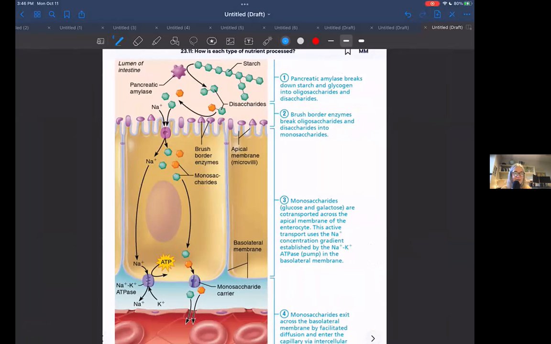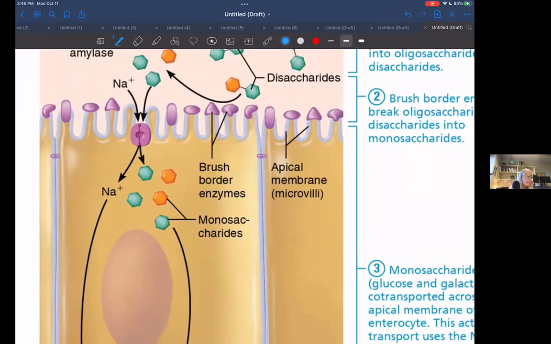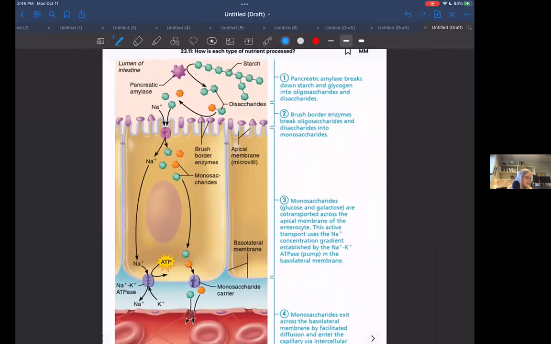They get picked up through protein channels and diffuse across the surface. Sodium also gets picked up at the same time. It's called being co-transported.